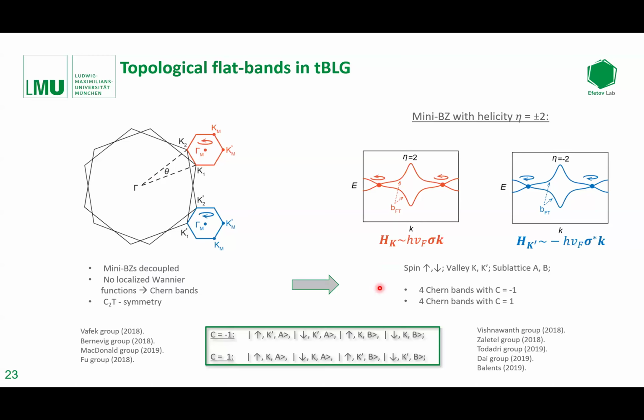It turns out that for each combination of the quantum numbers, our Chern band will have either Chern number -1 or +1, where those 4 at the top have a Chern number of -1, and those 4 at the bottom have a Chern number of +1. So in principle, when we start thinking of the possible ground states, we can start building our ground states from these orbitals.